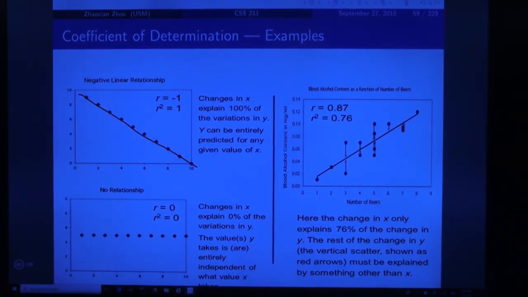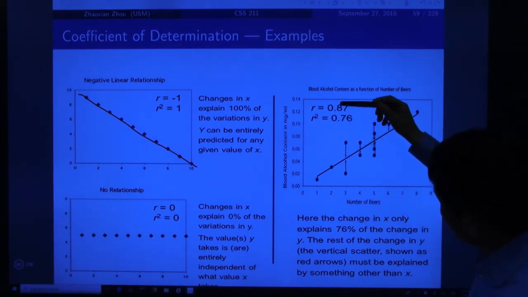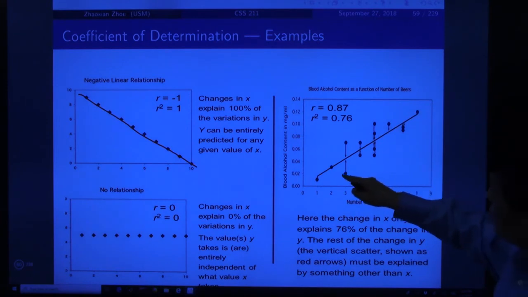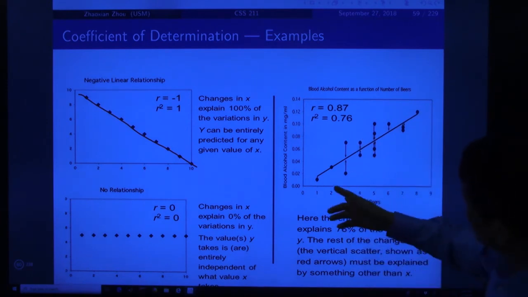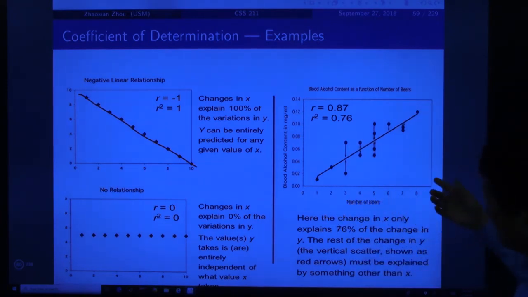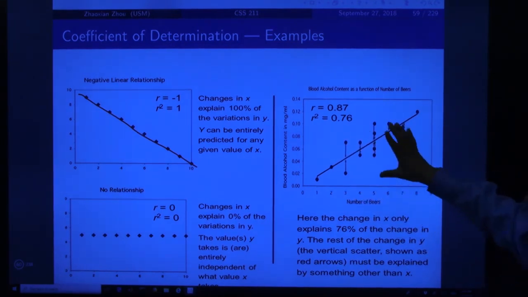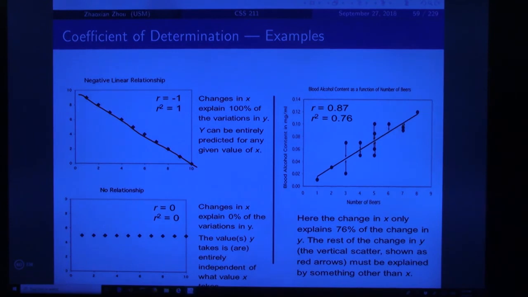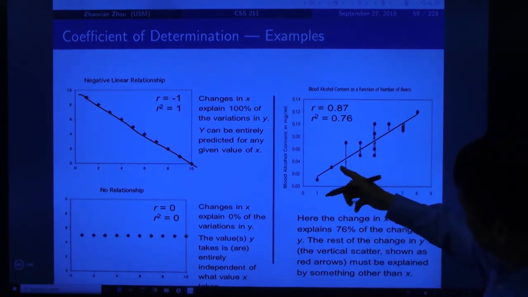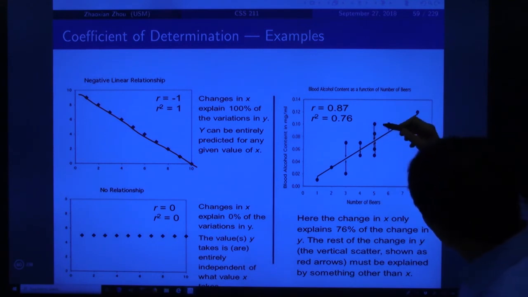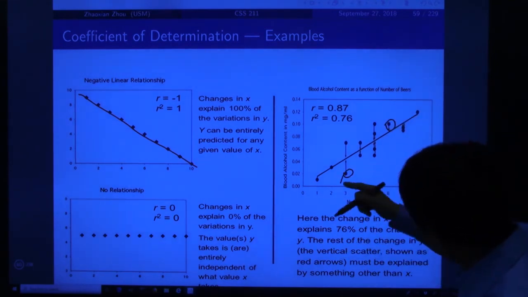Almost equal to 3/4. By the definition, we know the variance in x can only explain 76% of the variance in y. So let's see why this y value is larger than this one.